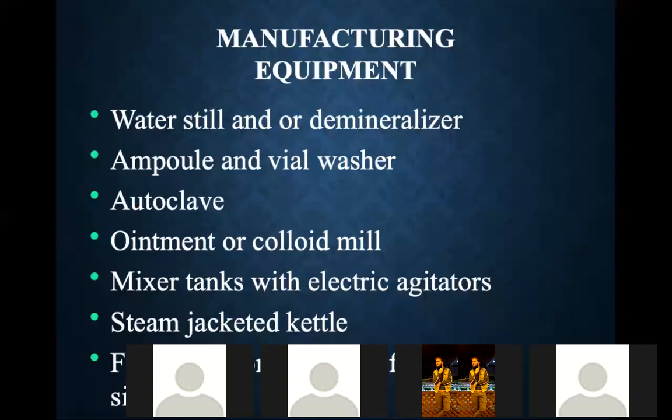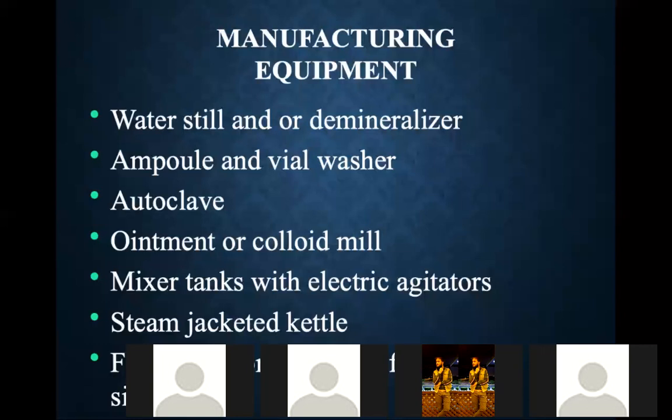You need ampoule and vial washers, because before filling, you must wash and clean ampoules and vials. You need a vial washer. Autoclaves are also needed, to check the sterility, you must have an autoclave.